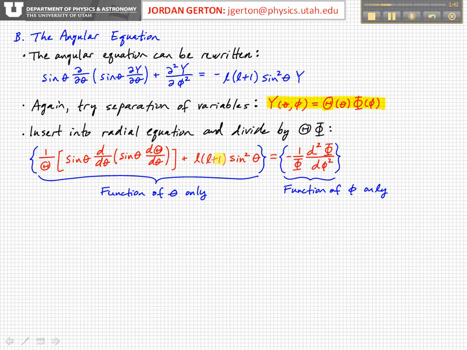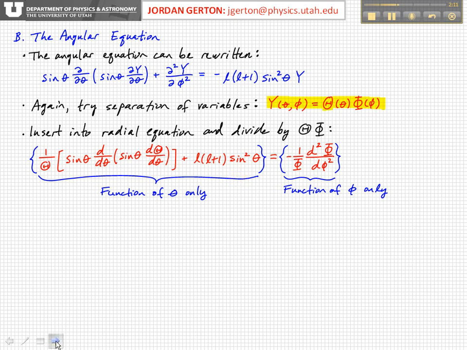So this is a function of theta only, and this is a simple function of phi only. As usual, when we have two things that are functions of two different independent variables and they're equal to each other, that means they both have to be equal to the same constant. Otherwise, it wouldn't be true for all values of theta and phi.